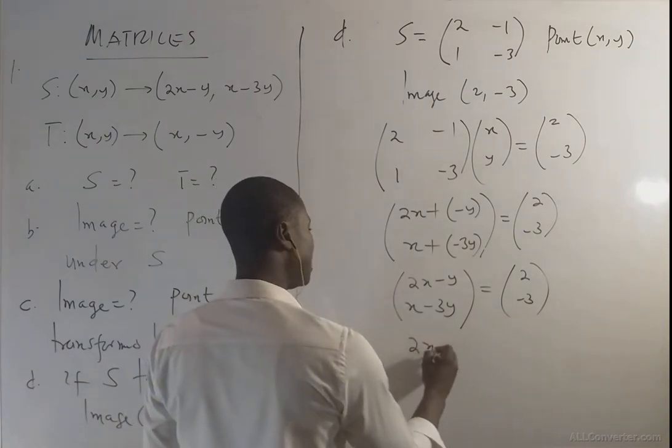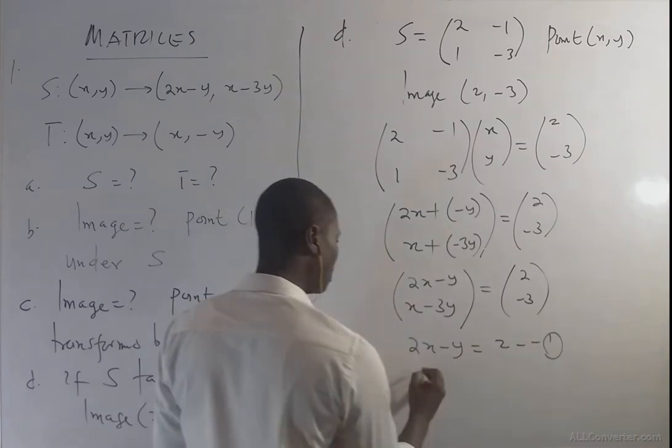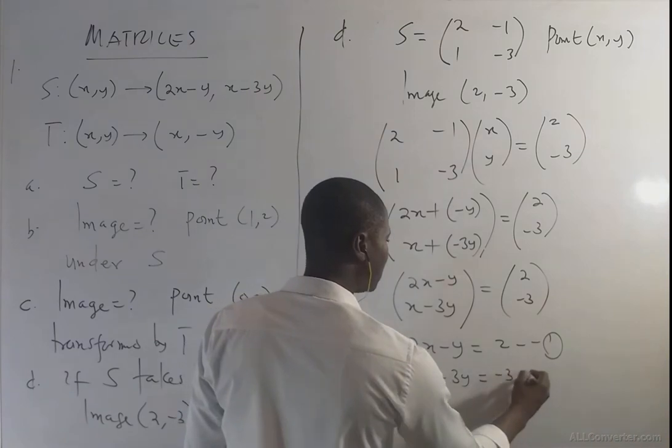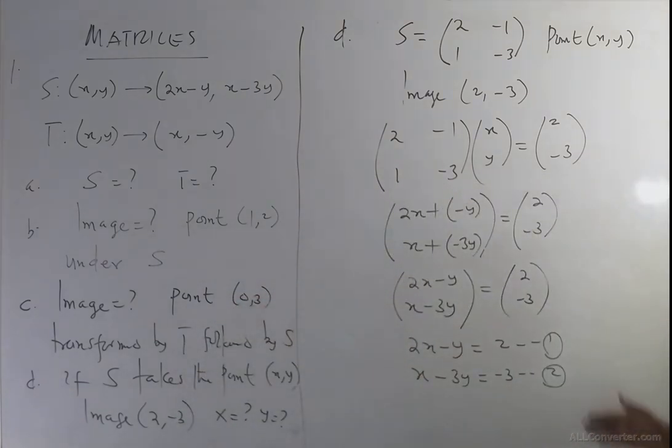So we have 2x minus y equated to the first element 2, and this will be equation 1. Then we have x minus 3y equated to minus 3, and this will be equation 2. So we are now going to solve the two equations simultaneously, and in doing that, I'll be using the elimination approach.